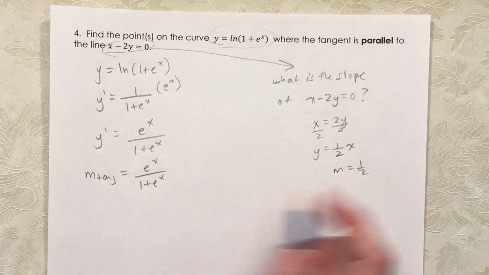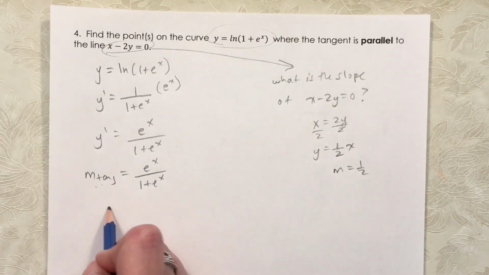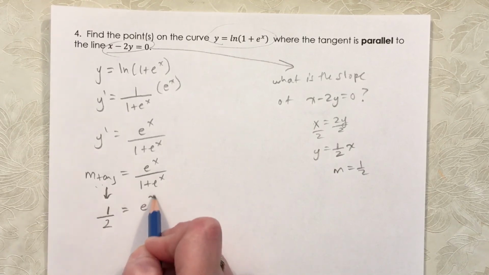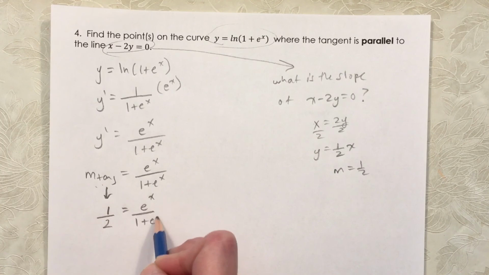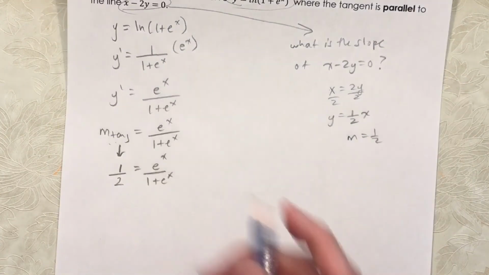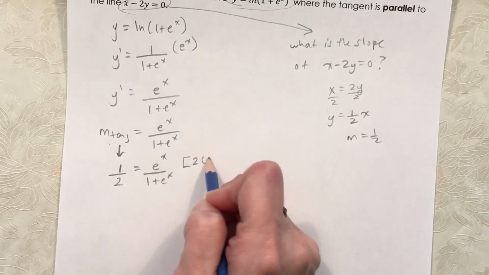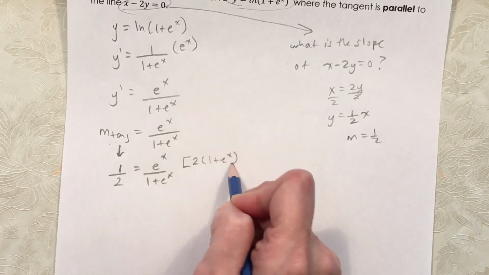Well, we've got an expression for the slope of the tangent. We want to know where is it a half, so for what value of x is it a half? Some of you might be able to solve by inspection, but we can multiply both sides by the common denominator, which is going to be 2 times 1 plus e to the x.